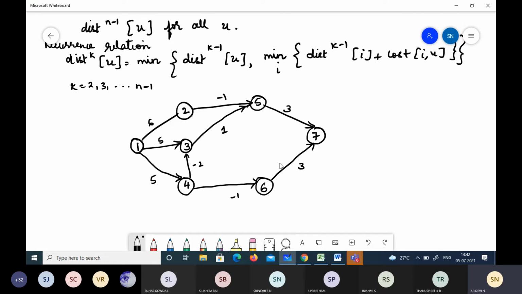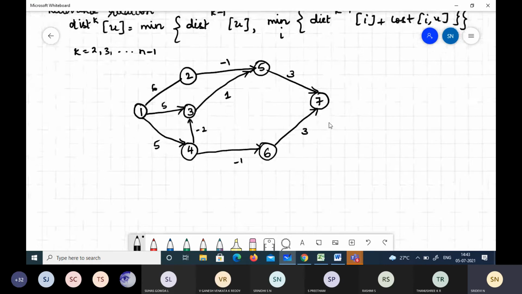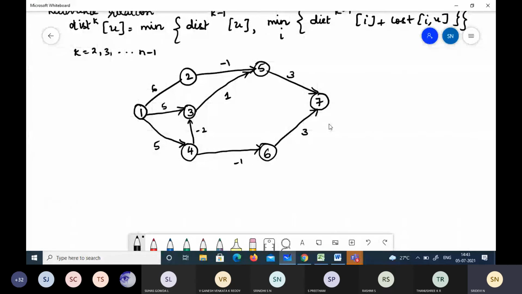Now our aim is to find the shortest path from the source to all other vertices. It is single source shortest path, not all pair. Totally how many vertices do we have in the graph? We have 7 vertices. Let's write down the distance. It's a directed graph.